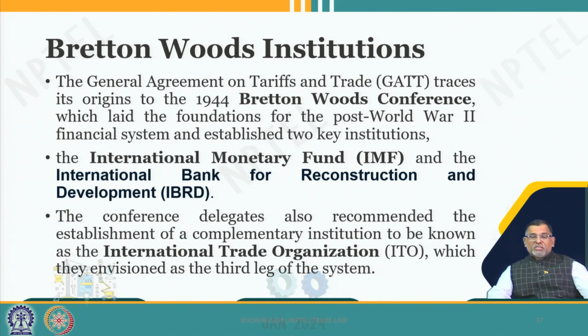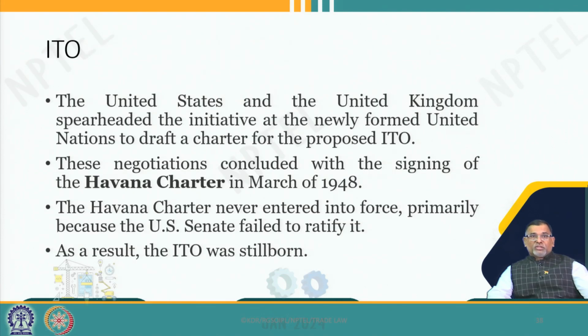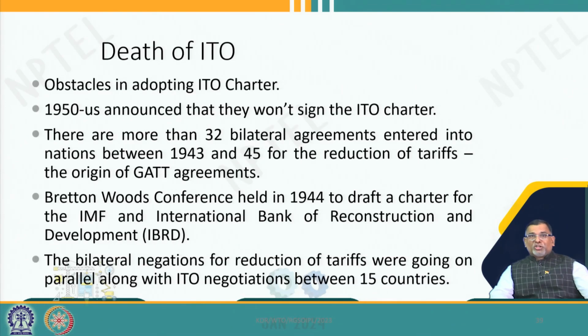Out of 3 institutions, 2 institutions, the International Monetary Fund and the International Bank for Reconstruction, came into effect, and unfortunately the ITO never came into being because of the US policies and the Havana Charter. The Havana Charter contributed to the development of the 2 existing organizations, the World Bank and the International Monetary Fund, and the ITO mandate was shifted to the GATT.